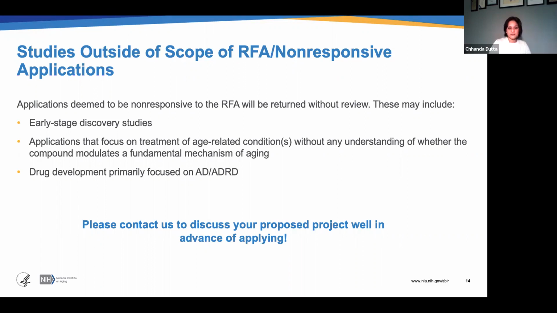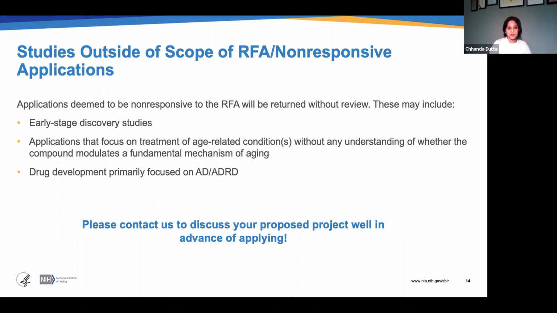Any kind of study that focuses on an aging condition, if it's osteoarthritis, urinary incontinence, functional deficits, but you really don't have an understanding of what the underlying mechanism of this compound is, that would not be appropriate for this RFA. We expect you to identify which mechanisms, aging mechanisms, are being targeted by your particular compound in your U44 RFA, and we expect you to provide proof of concept data on those kinds of things.